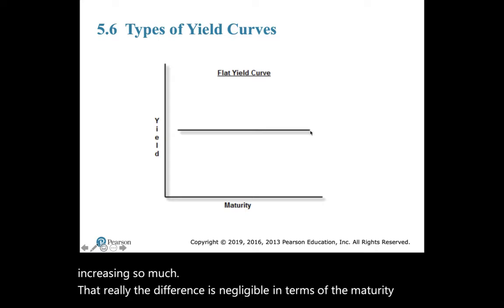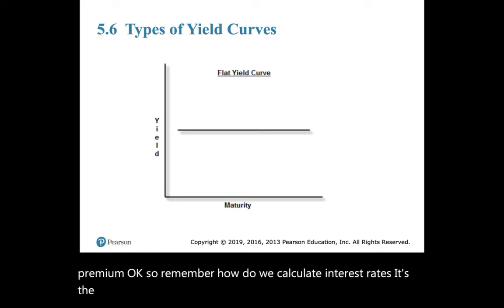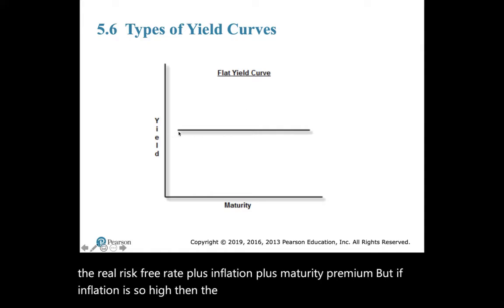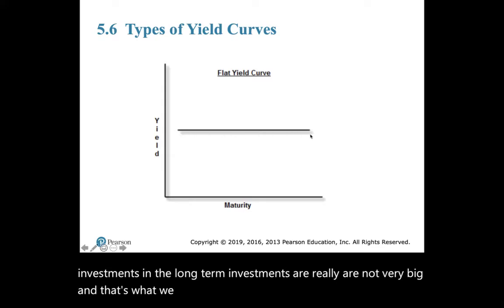So remember, how did we calculate interest rates? Well, it's the risk-free rate plus inflation plus maturity premium. But if inflation is so high, then the gap between the short-term investments and the long-term investments is not very big, okay? And that's why we start to see a flattening of the yield curve.